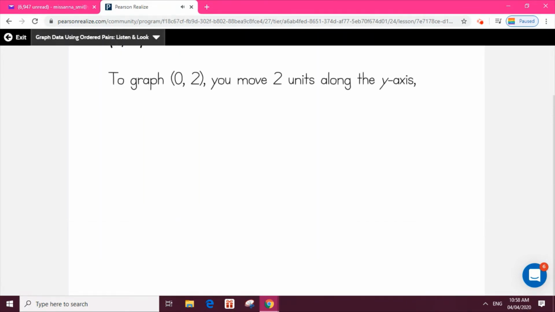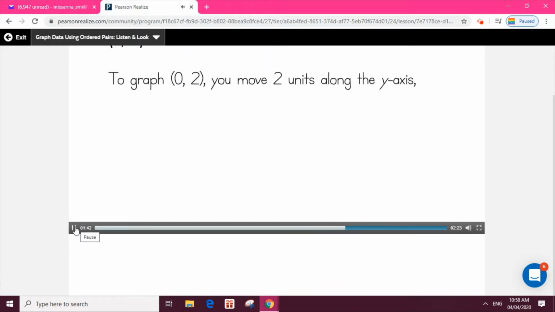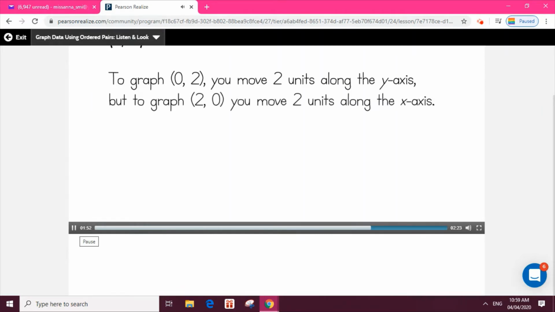In the ordered pair 0, 2, 2 is the y-coordinate, so it tells that to graph 0, 2, you move 2 units along the y-axis. In the ordered pair 2, 0, 2 is the x-coordinate, so it tells that to graph 2, 0, you move 2 units along the x-axis.